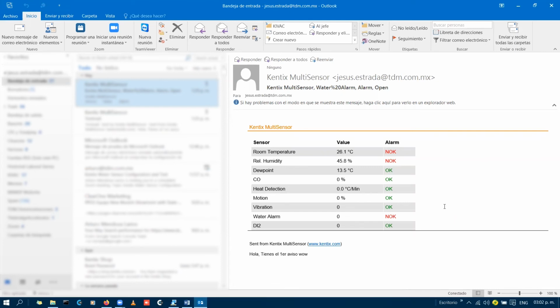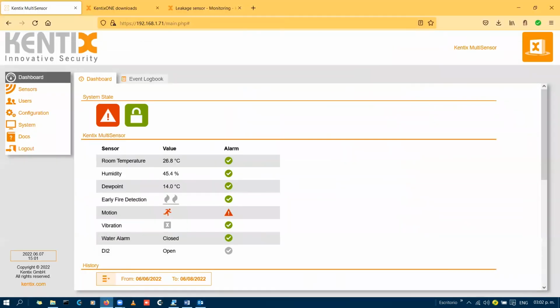So, in summary, we can say the multisensor helps us to detect many parameters in our telecommunications room, and it helps us to detect water as well through the water sensor and the water cord, the water rope.